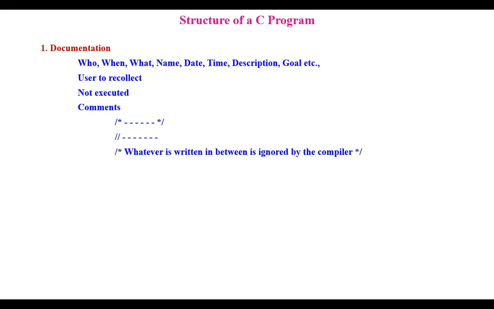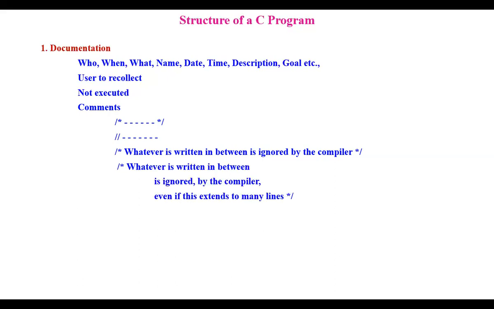Example: I have taken a forward slash and star, and star and forward slash, and written in between. Whatever is written in between is ignored by the compiler. The compiler won't execute it. This is only for our reference. You may call it a comment or for documentation purpose.